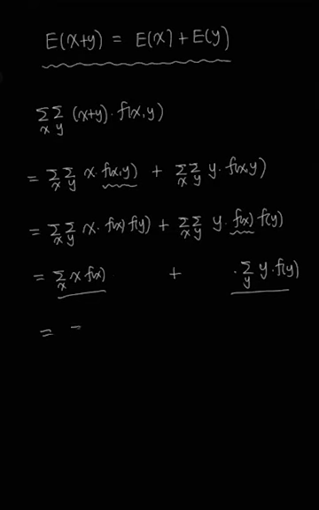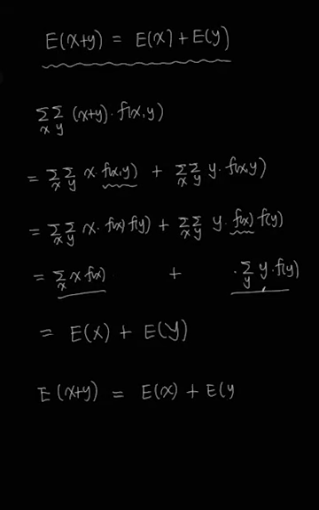And by definition, we know that this is the expectation of x, and this is the expectation of y. So as a result, we can see that the expectation of x plus y is the expectation of x plus the expectation of y, only when those two are independent of each other.